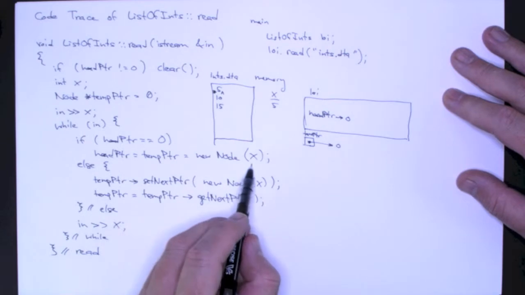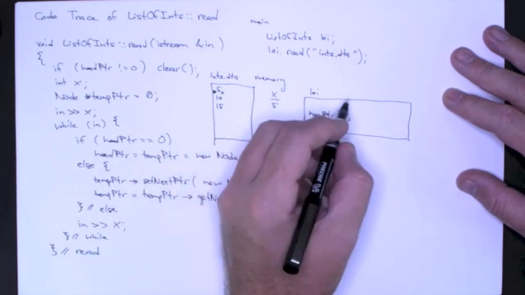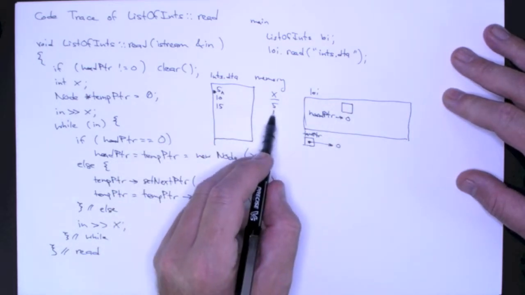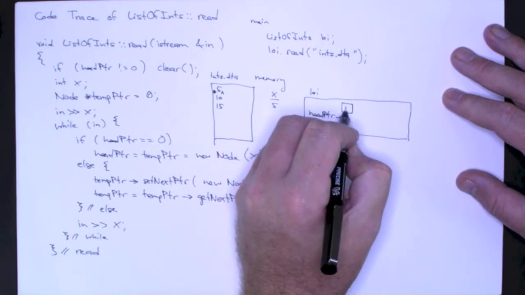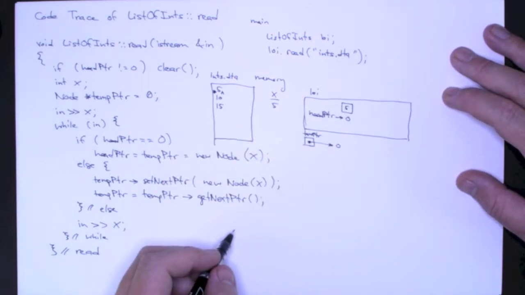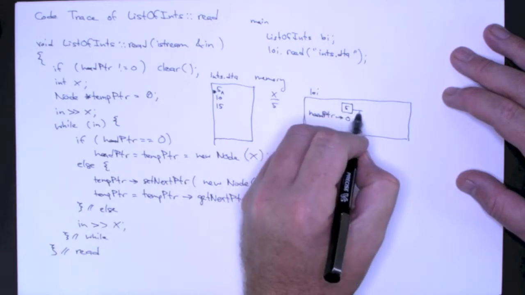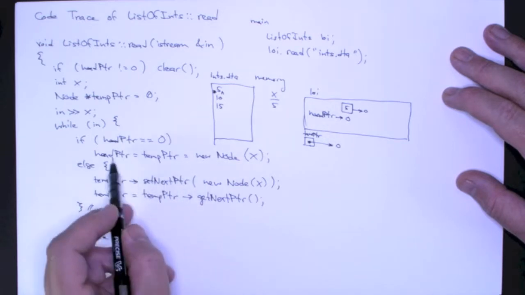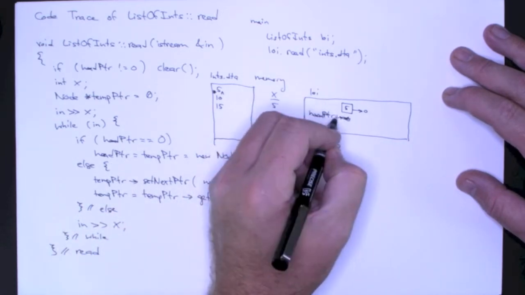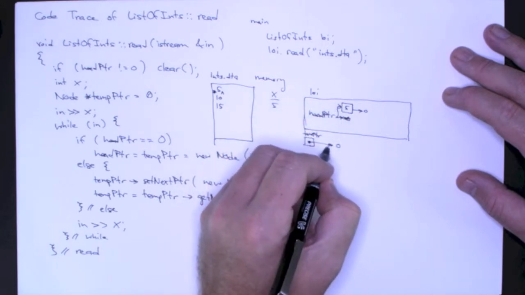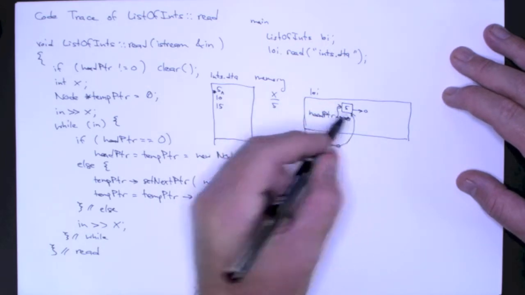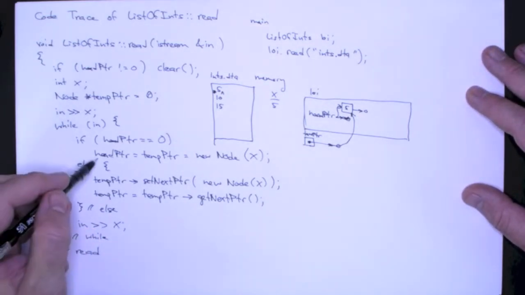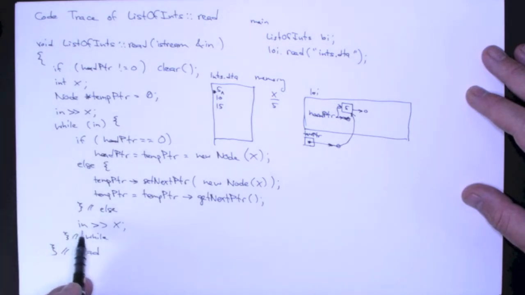The first thing we're going to do is create a new node out in memory, and pass x to the constructor, which sets the private data member object to x, which is 5, sets the next pointer to null, and then new returns the address, which we store in temp pointer and head pointer. So now head pointer and temp pointer will point to the node containing 5. And that's it. We finish executing this if-else statement.